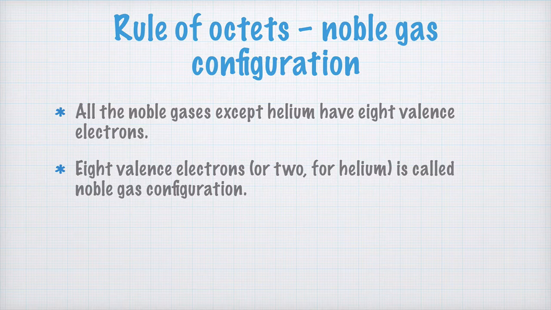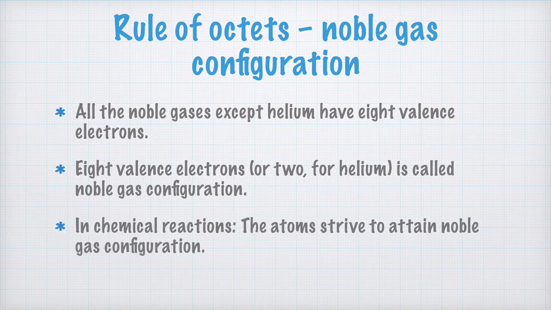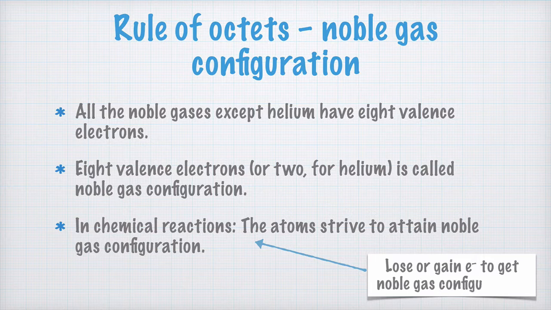Since the noble gas configuration is extra stable, it is often the case that atoms strive to achieve noble gas configuration in chemical reactions. They do this by giving off or taking up electrons in different ways. And this, how electrons are given off or taken up, is called oxidation or reduction. That is something we will return to many times in these videos.